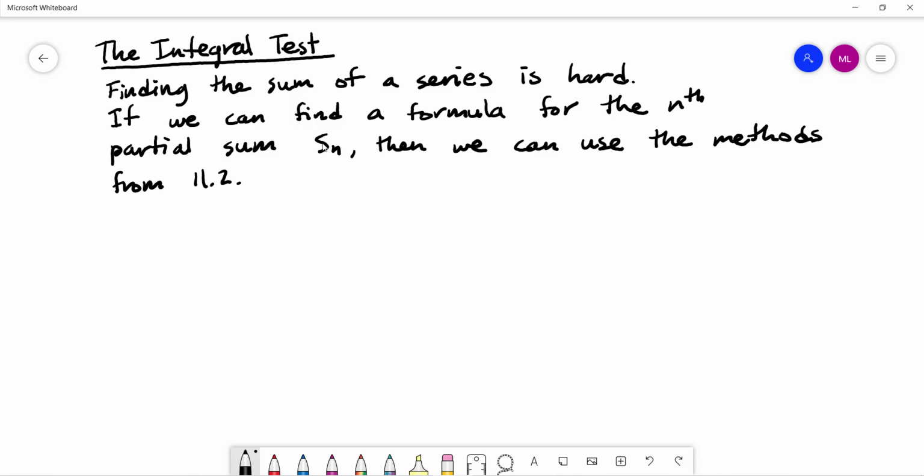We can take the limit as n goes to infinity and see what this sequence of values is going to do in that limit. Oftentimes, though, this isn't possible.